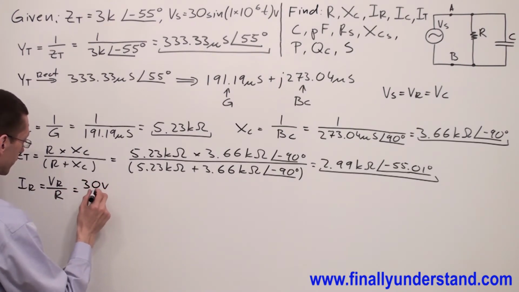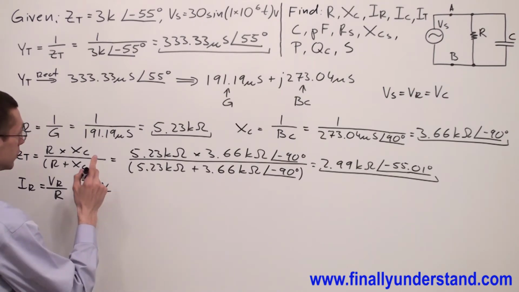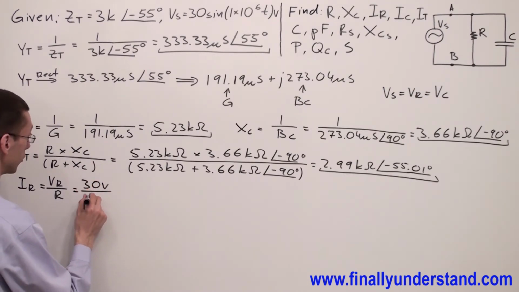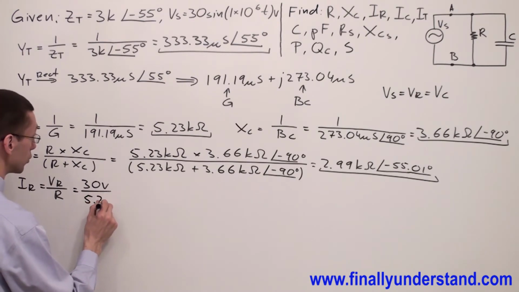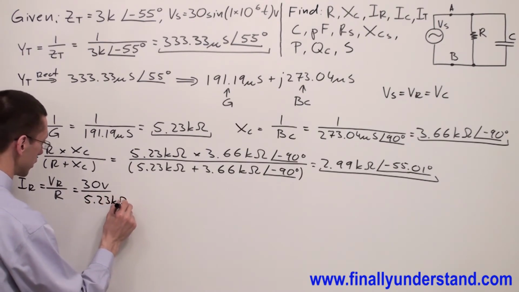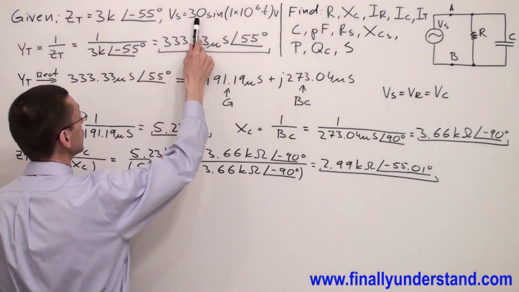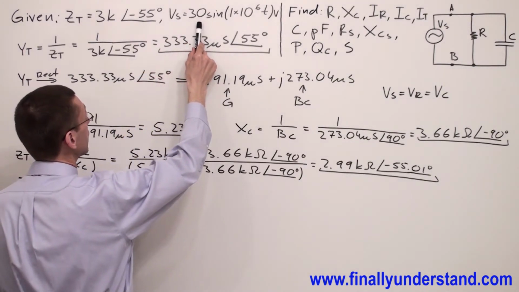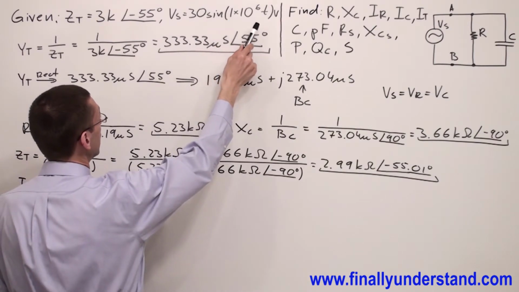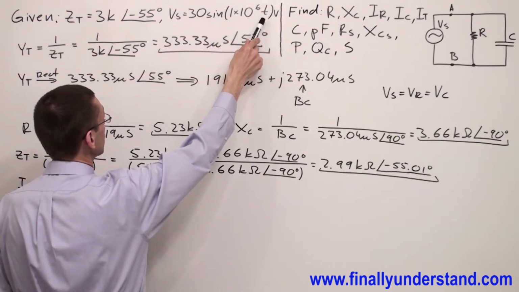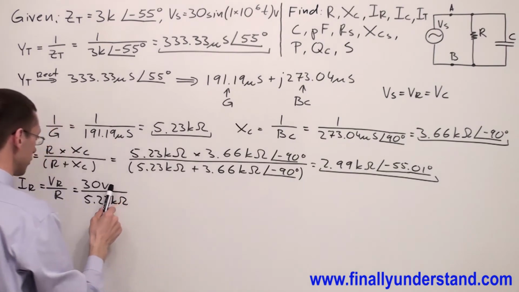30 volts over the resistance. We found that resistance is equal to 5.23 kilohms. Okay, so this is my voltage and this is the peak voltage. We don't have a phase shift, so I'm going to have angle 0.